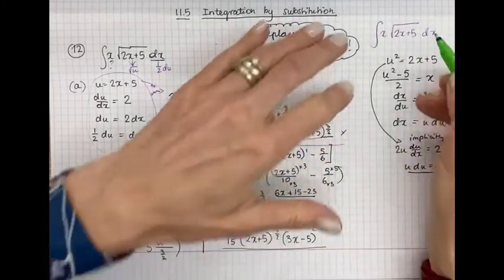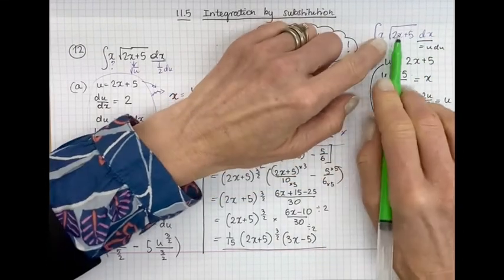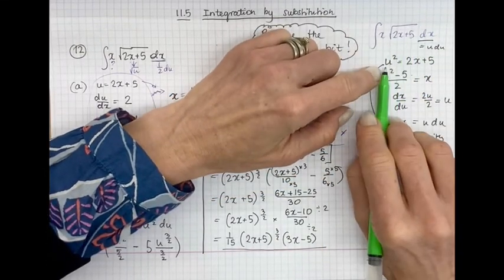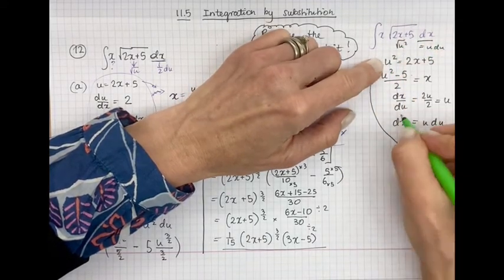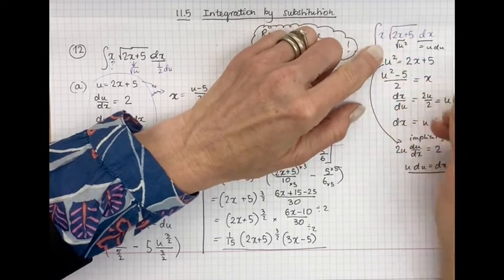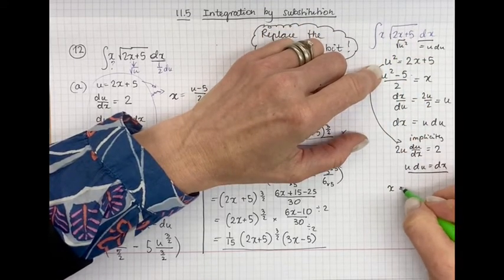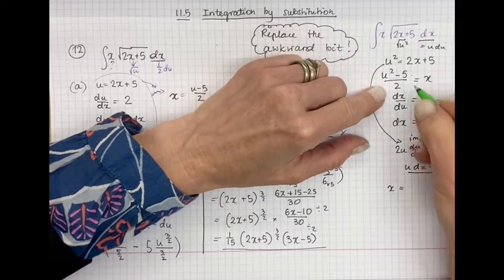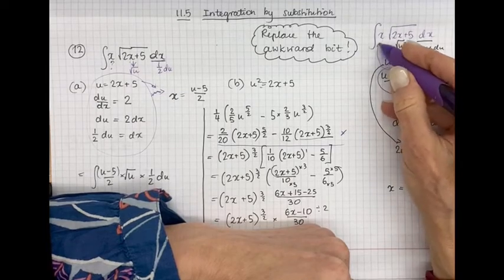So I could see that dx can be substituted with u du. I could see that square root of 2x plus 5, that's a square root of u squared, so that will become u. And then x, you rearrange that part. So rearranging it, you have x is equal to, oh, we've already done it over here. So that can be replacing x.